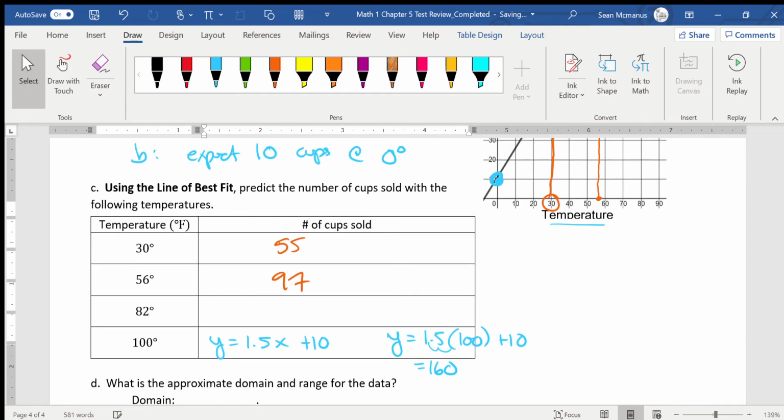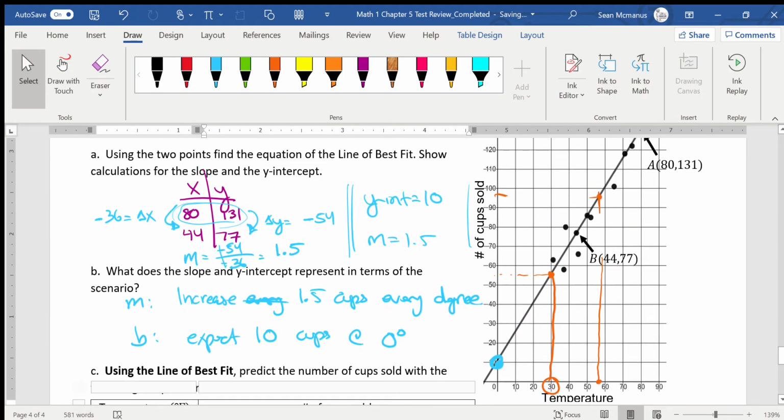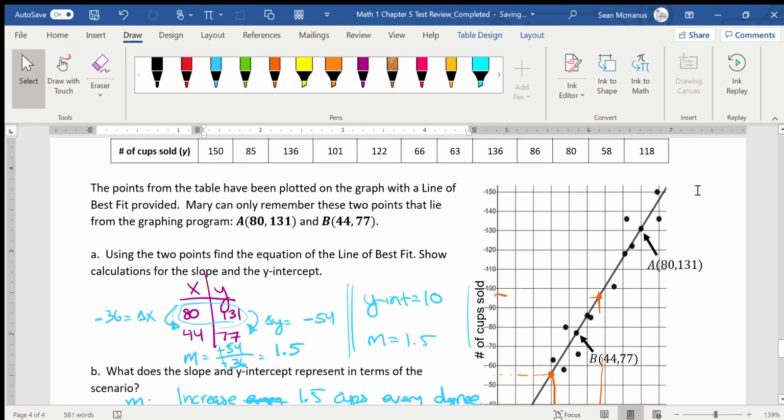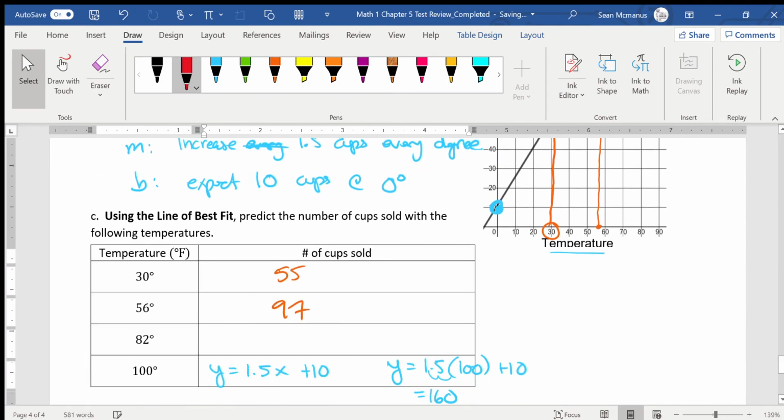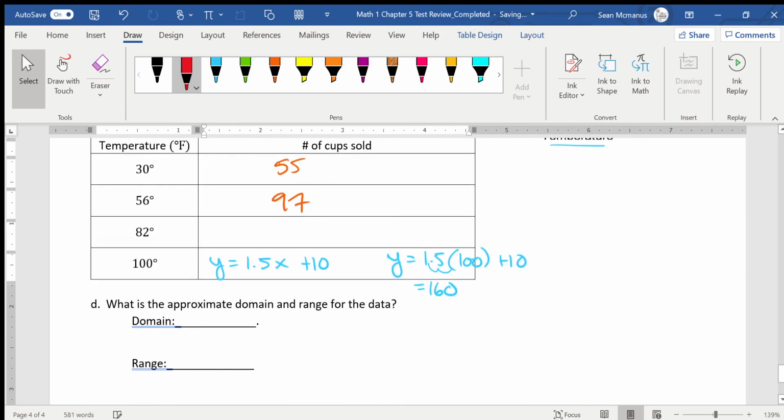So when it's 100 degrees, it didn't quite fit on the graph, so it's going to be somewhere up here, yeah, that's about right, around 160. So you can use the graph or you can use the equation.